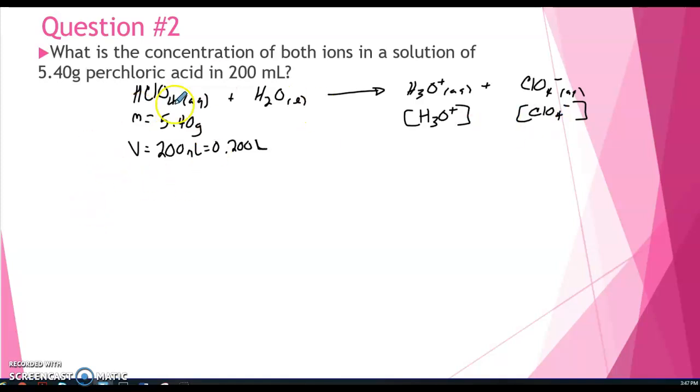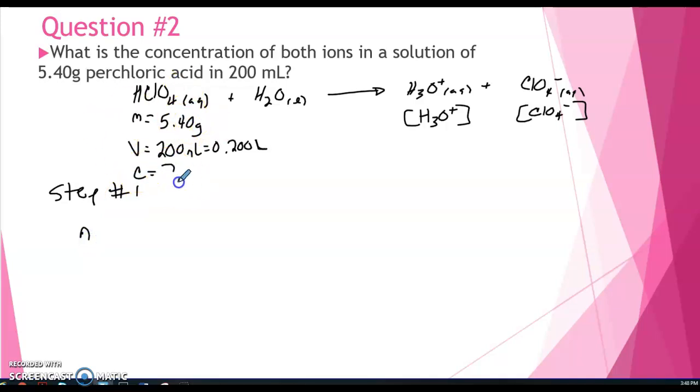So what we do is we start off, I'm just going to go through unit analysis on this. If you want to do step by step, that's also fine. Actually, we'll do both. Why not? So step one is to find the number of moles, because we have this and we want to get concentration.